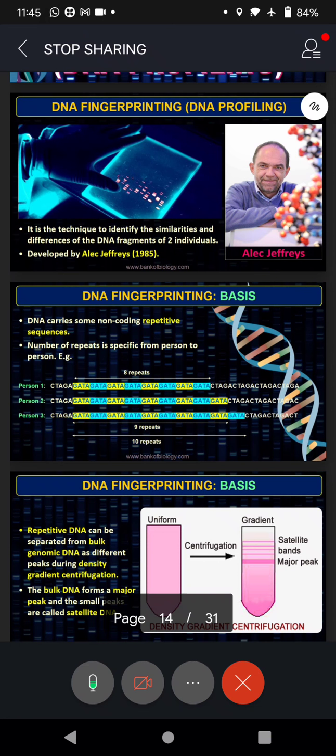So basically, it is taking the help of the DNA. In a nutshell, in DNA fingerprinting, we take the nucleic acid sequences or polynucleotide sequences of a person.